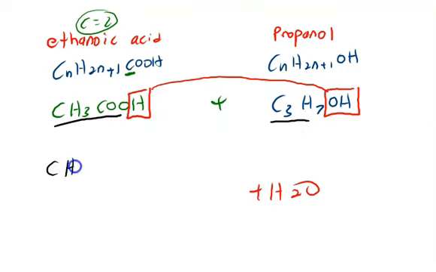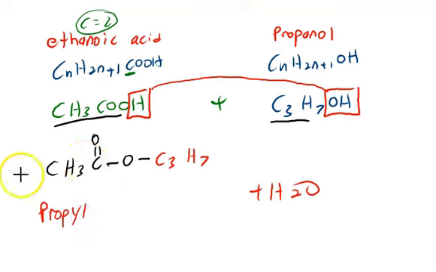So we have the H3C-C double bond O, and it will combine with this C3H7. So the name here we have to take from the alcohol first. So it becomes propyl. Okay, it will become propyl, and the next name here will be coming from the acid. This is ethanoate.